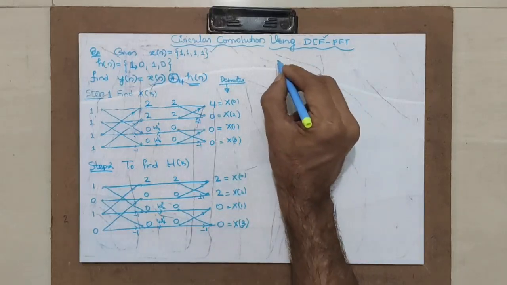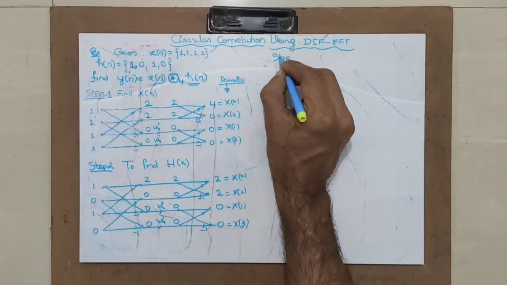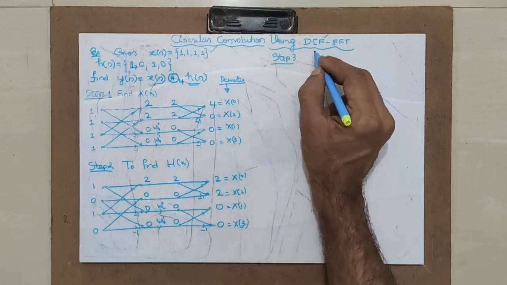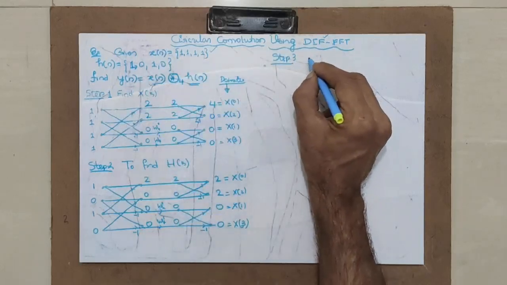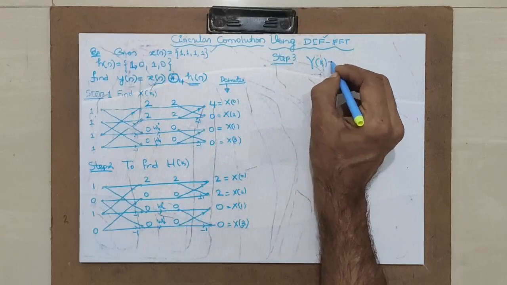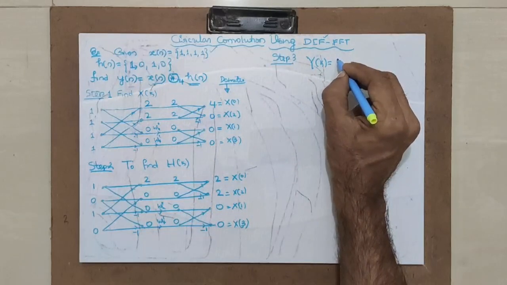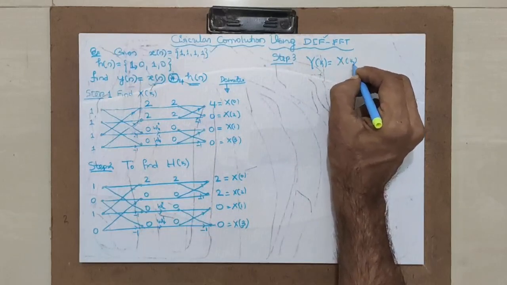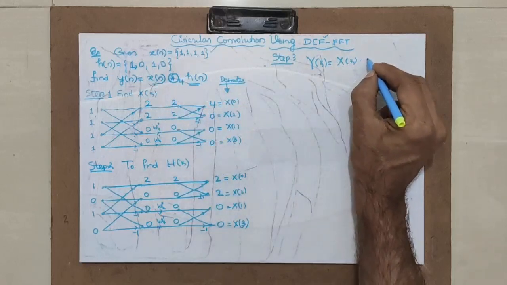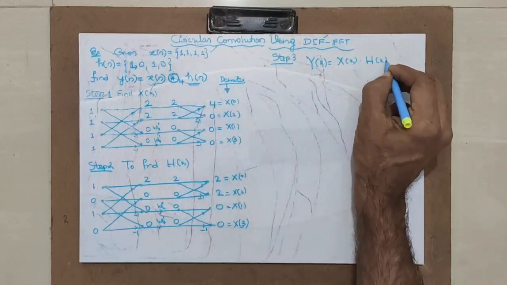Now step 3. I have to find this y of k. These are just names changed, okay? Y of k is equal to x of k as per this equation given multiplied by h of k.